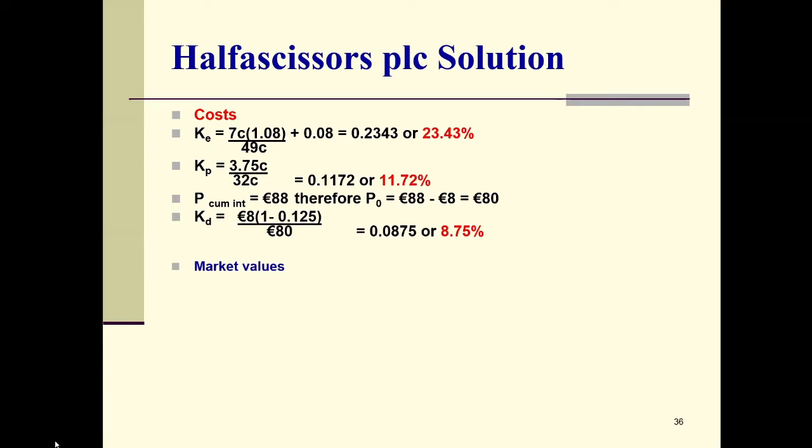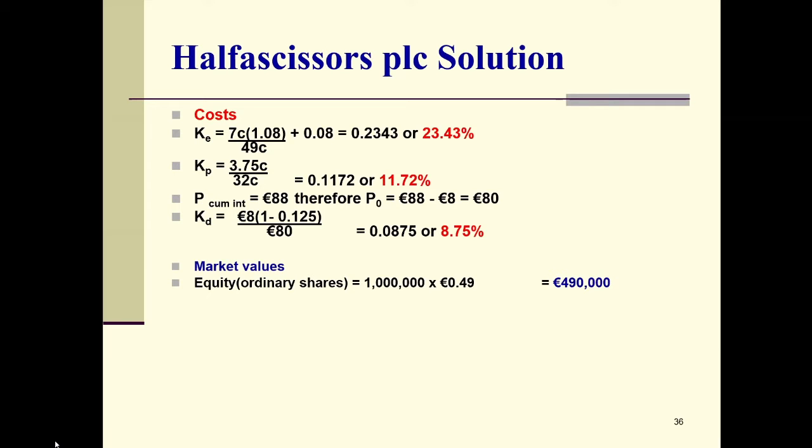So if I want to work out the market value of the equity, how many shares were in the company? 1 million. What's the share price? 49 cents. Just simply take the number of shares and multiply it by the actual value or price of the share. So for the ordinary shares, 1 million, that's one with 6 zeros. And I don't put the price in cent because I want the answer in euros.